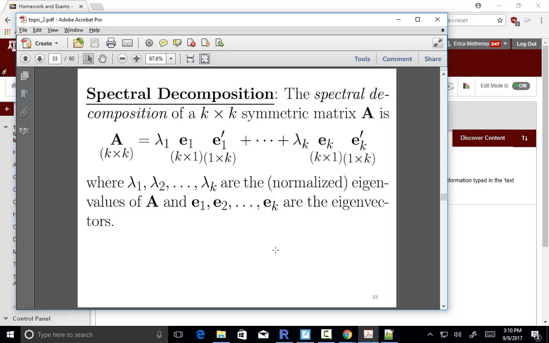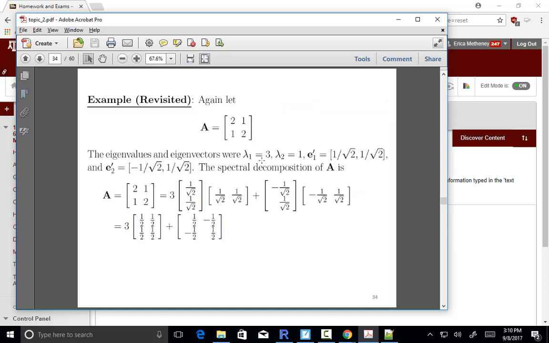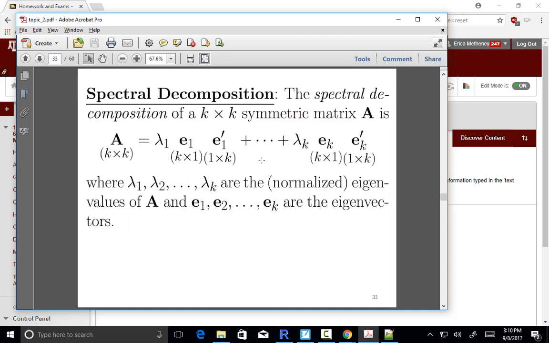If you take a symmetric matrix A and you decompose it into P eigenvalue eigenvector pairs, then you can re-express the matrix A as this on the right side.